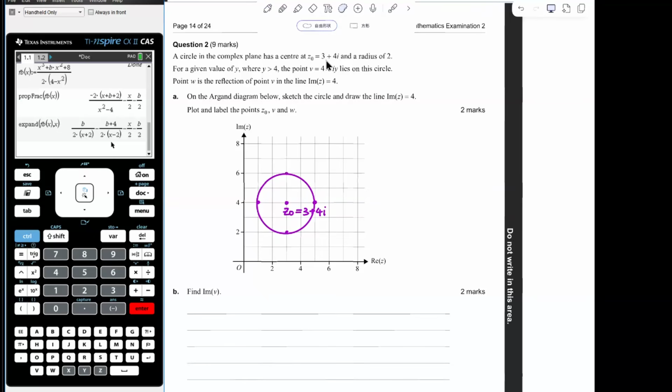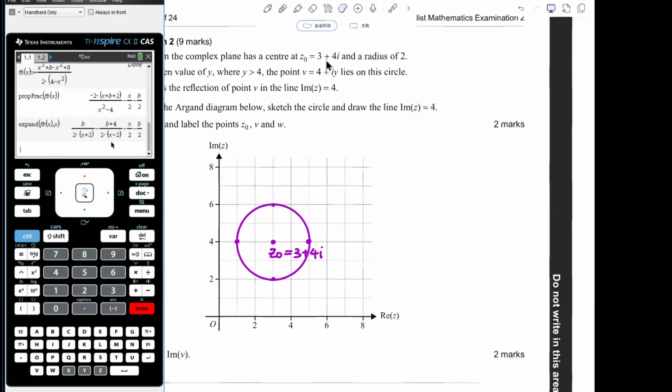And on this circle, we will have a point v equals 4 plus iy, where y is greater than 4. So I think this will be my point v, okay?